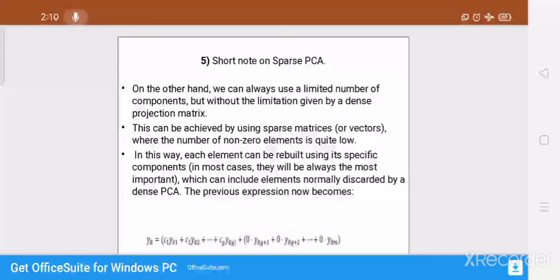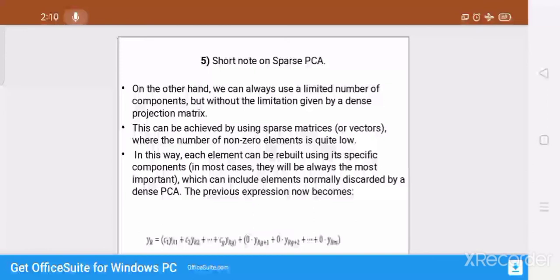This can be achieved using sparse matrices or vectors, where the number of non-zero elements is quite low. In this way, each element can be rebuilt using its specific component, which can include elements normally discarded by dense PCA.